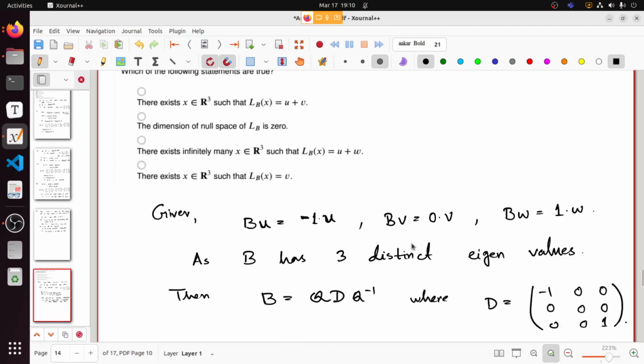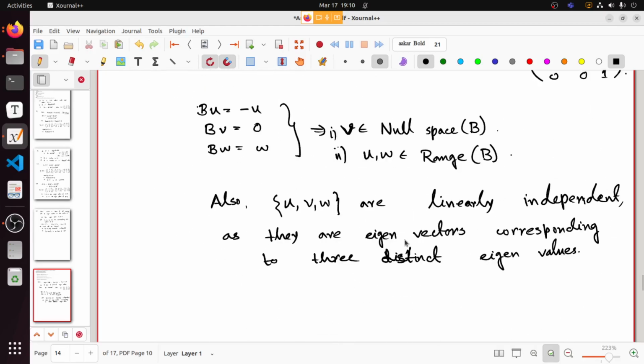So it's saying that there is an x in R3 such that it will map to U plus V, right?